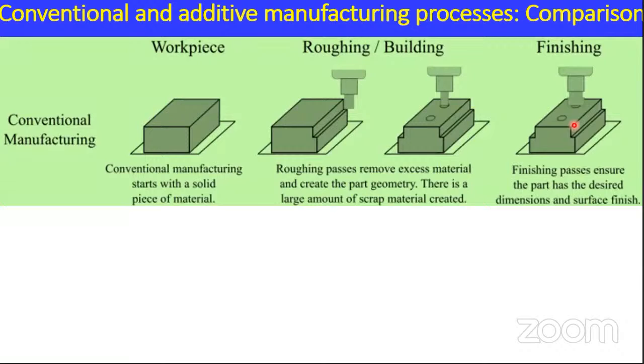So what I'm trying to emphasize, number one, is that the final accuracy, especially the geometrical and dimensional accuracy, is affected. And also the time taken to accomplish this final part would again be quite long. Another important thing is that we are also wasting a lot of material in the form of chip removal, right?